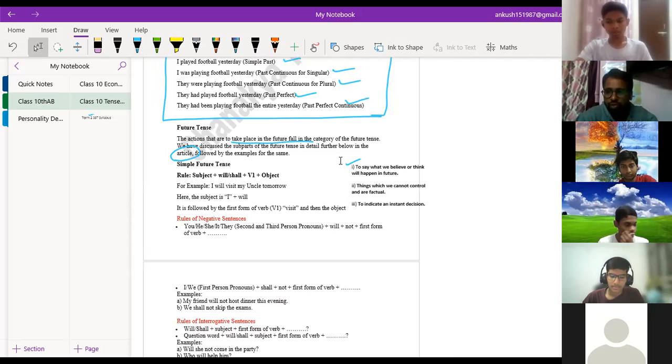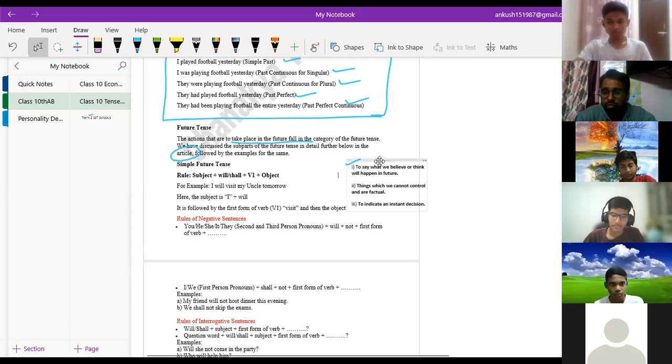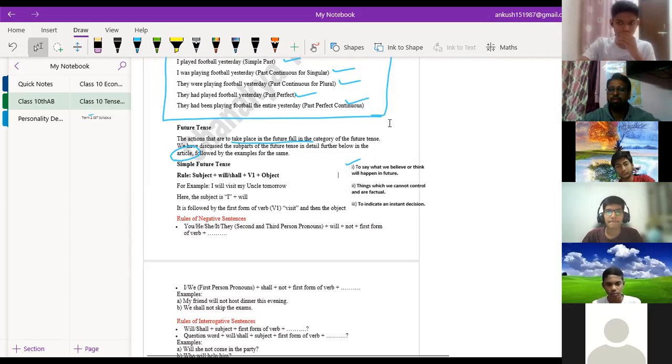It may be considered as a future plan or future action which would take place in the future time. So it is not certain. Understood? It is not certain.